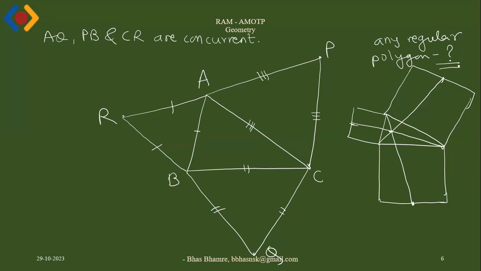Another fact is that instead of a regular polygon, suppose this is our triangle ABC, then I drew some congruent angles over here. All are equal.